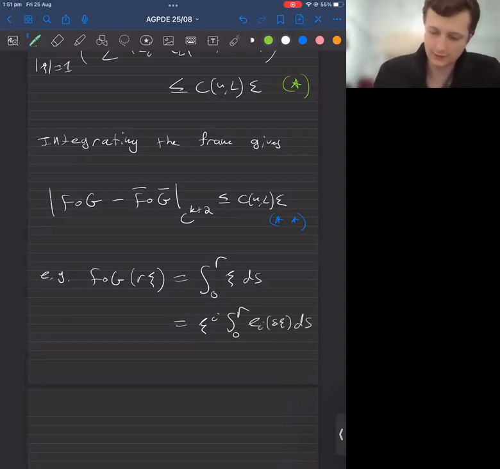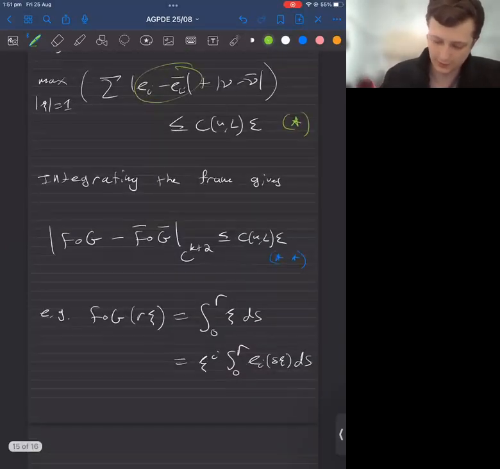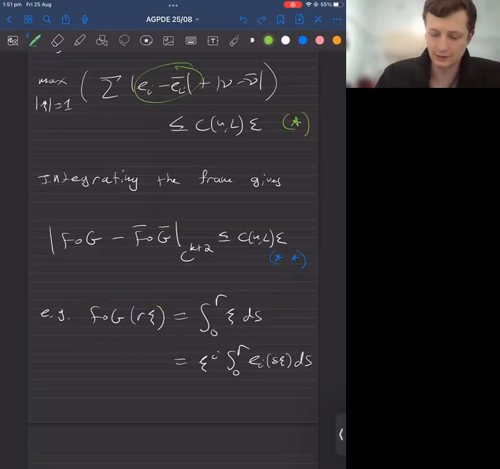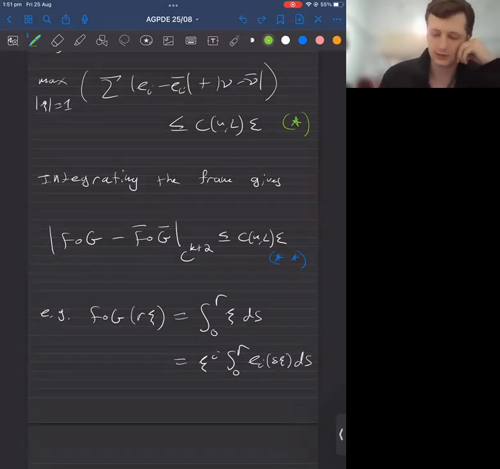And then you can see that this estimate here will give you an estimate for at least the C0 norm here. The CK norms I'm a little bit unsure about, but the bounds on W should integrate up to bounds on the parameterizations.